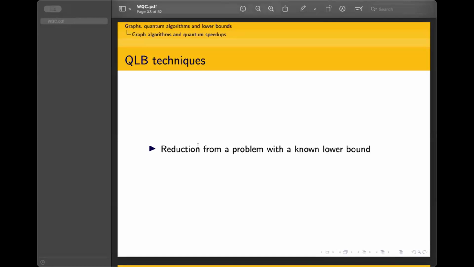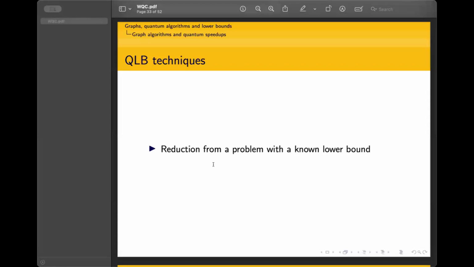Now you say that you can construct a graph such that an algorithm for ST connectivity that runs faster than order of n would imply a faster algorithm for Grover search. And therefore you get a contradiction, because you could do Grover search faster then.